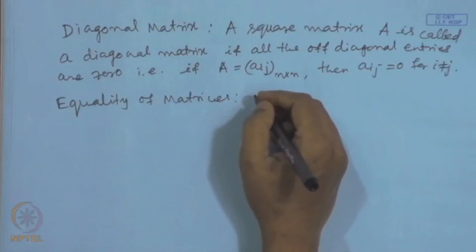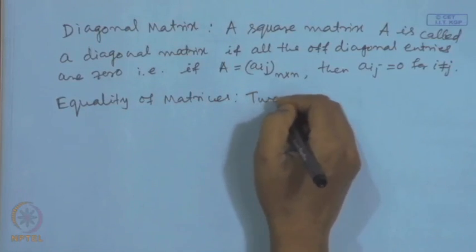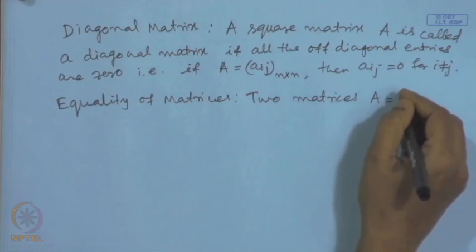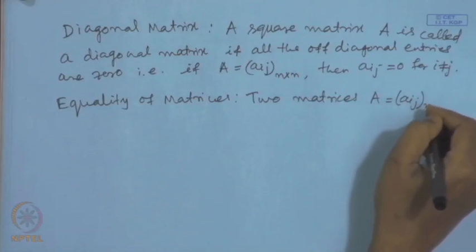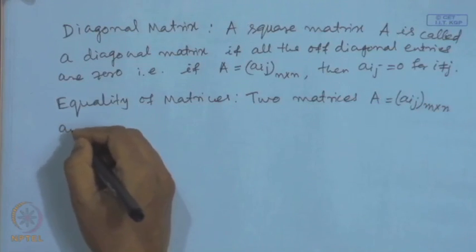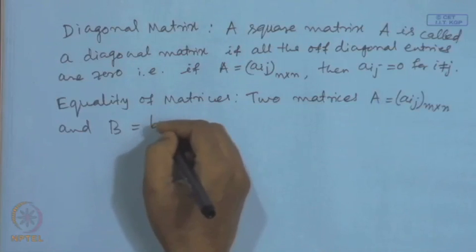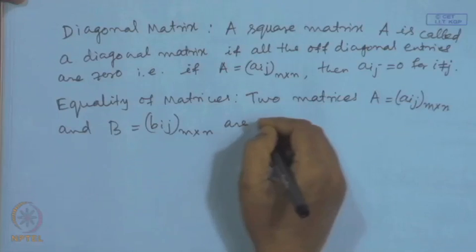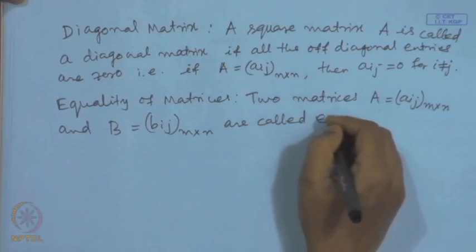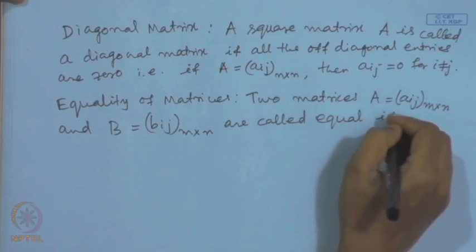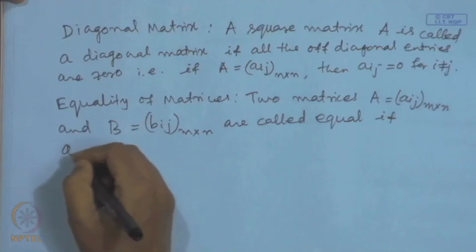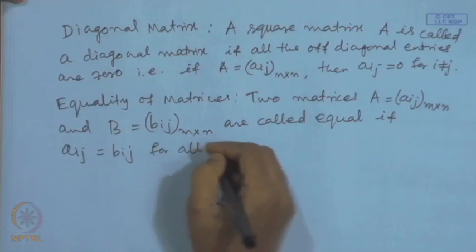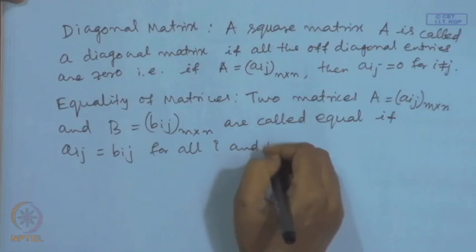Two matrices A and B of the same size, that is, A is m by n and B is also a matrix of size m by n, are called equal if Aij is equal to Bij for all i and j.